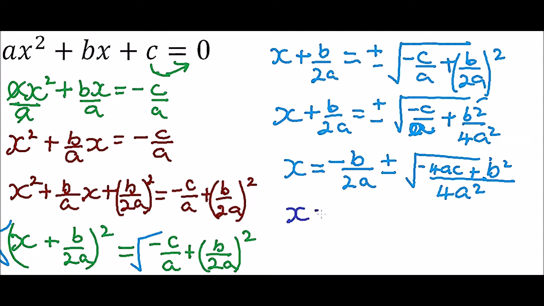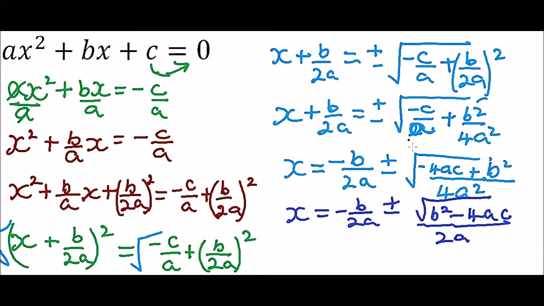So we will have x equals minus b over 2a plus or minus the square root of, we can start with the b squared now, minus 4ac, divided by, now the denominator, we get 2a. Now if you look at this here, minus b over 2a, and on the other side we have a common denominator.